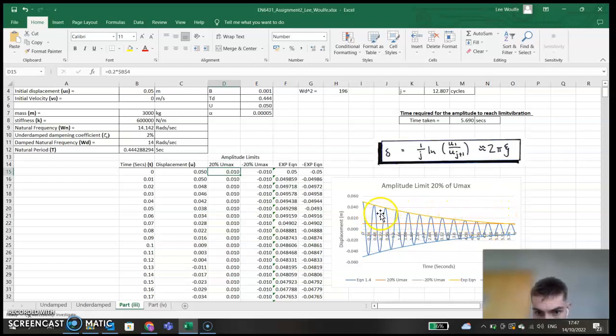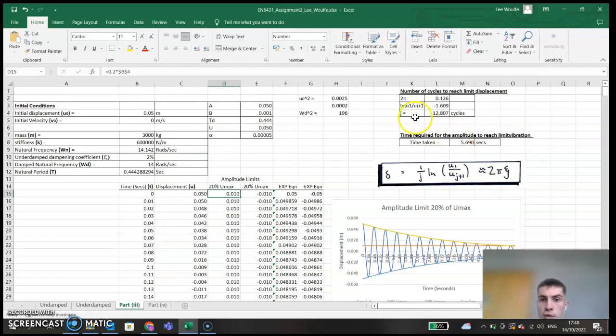So for this one, it was approximately 1, 2, 3, 4, 5, 6, 7, 8, 9, 10, 11, 12.7, I'd imagine, somewhere around that. And we could read off the time as being 5.7 roughly.